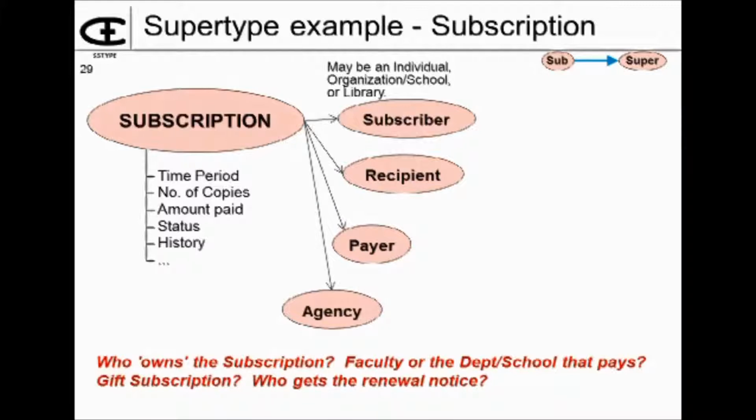Now, there are no subtypes or supertypes in here. You'll notice subscription is one kind of thing, and those other things, subscriber, recipient, payer, agency, are another type of thing. But what do you notice might be common across them? What would be common across subscriber, recipient, payer, and agency? Those are all roles of what?